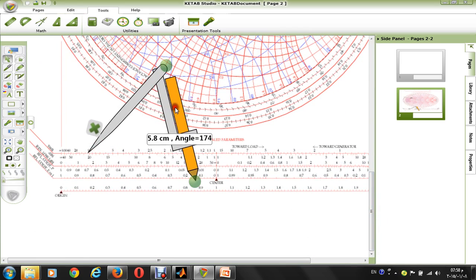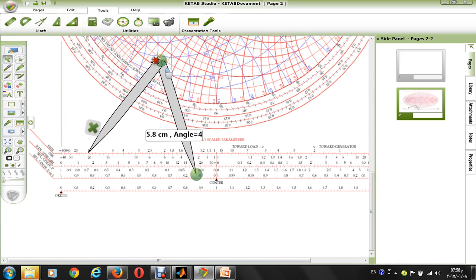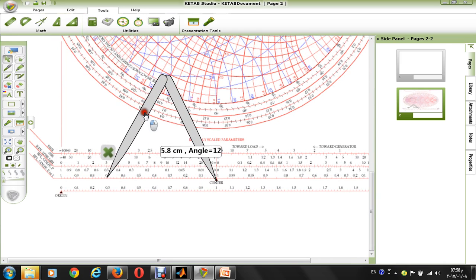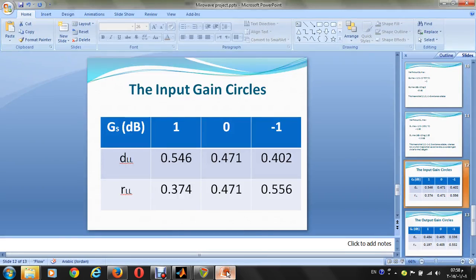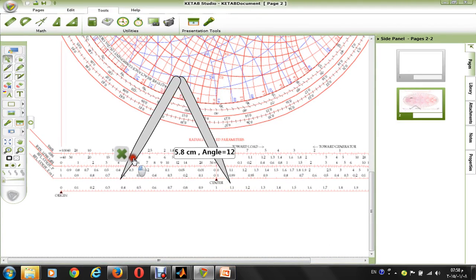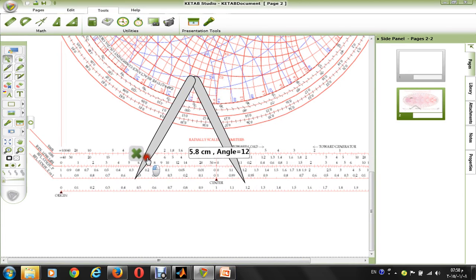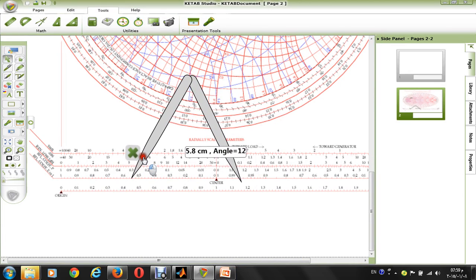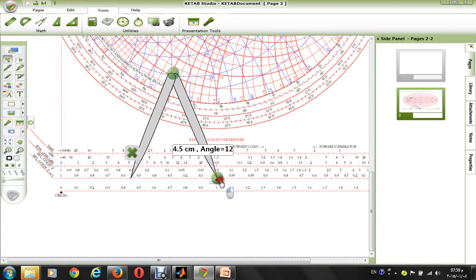Here. I go back. It's 0.546, which is 0.55, let's say. This is 2, this is 4, here's 5, which is this approximately.